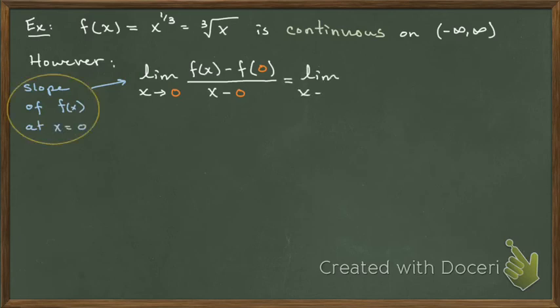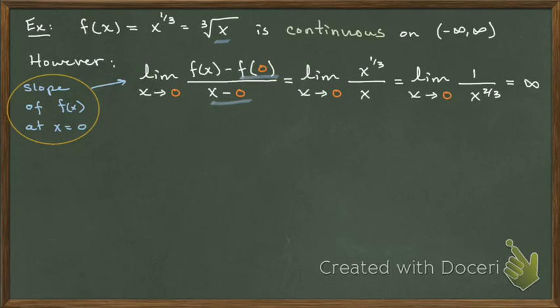I crunch the numbers here, and I end up with f of x is the cubed root of x minus f of 0 is 0. Cubed root of 0 is 0. So I've got x to the 1/3 in the numerator and just an x in the denominator. When I simplify, I end up with the limit as x goes to 0 of 1 over x to the 2/3. That limit is infinite.